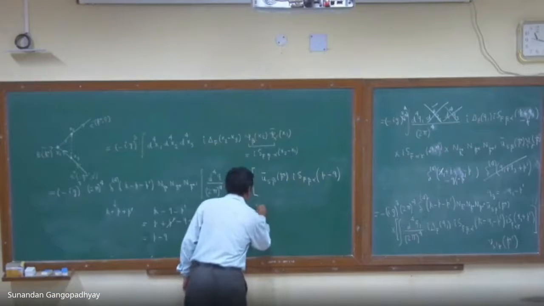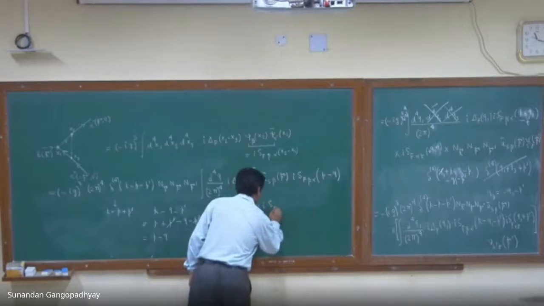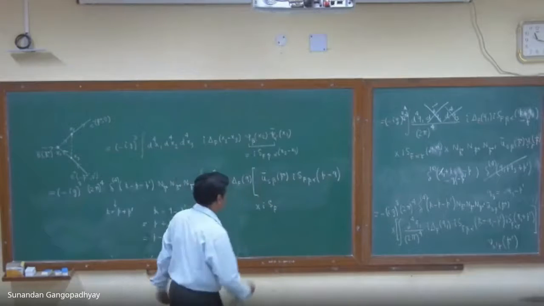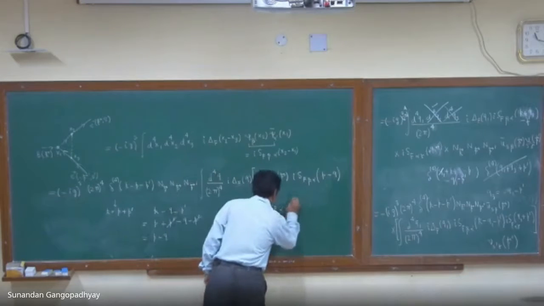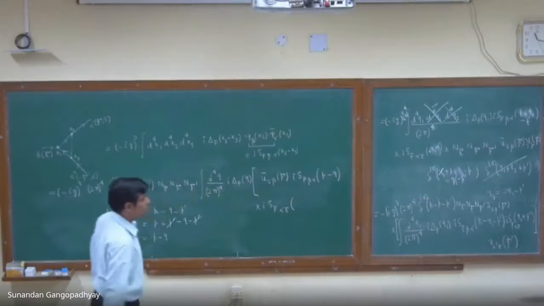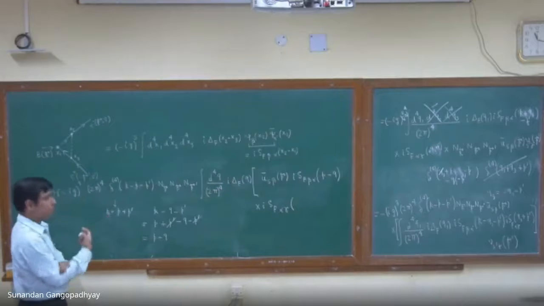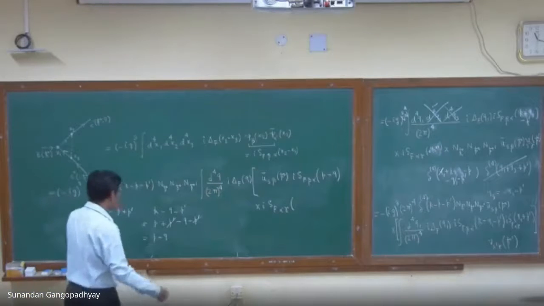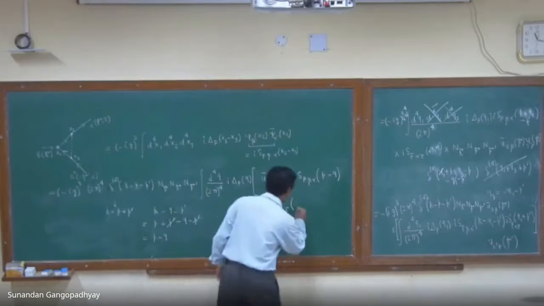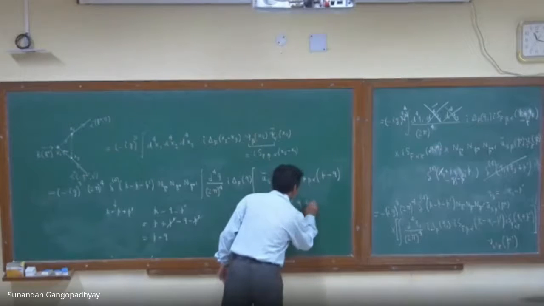Then I have I SF alpha gamma. And here also I do Q1 plus P prime. So you can keep it in that way, like Q plus P prime.